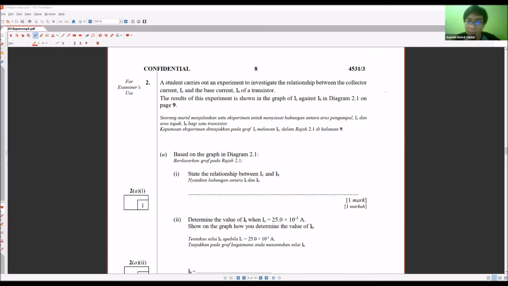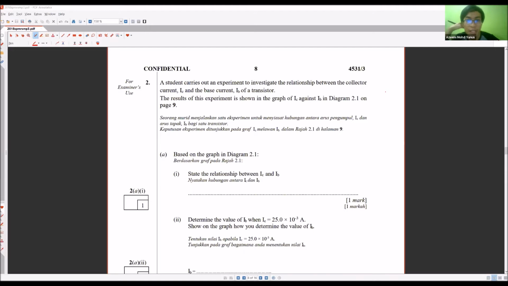Because paper 3 is very easy to score and it's kind of like a life buoy for our marks for physics. If you score full marks for paper 3, it's guaranteed you can already obtain C plus or above, or B minus even, or B if you can score paper 1 as well.